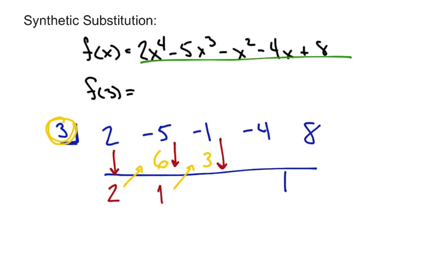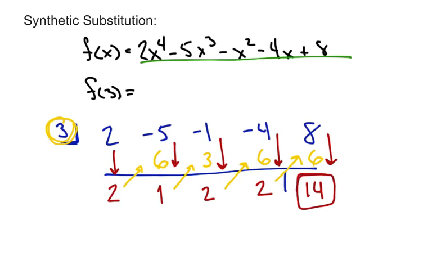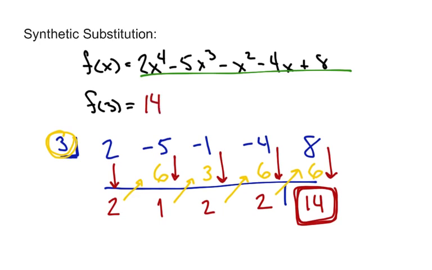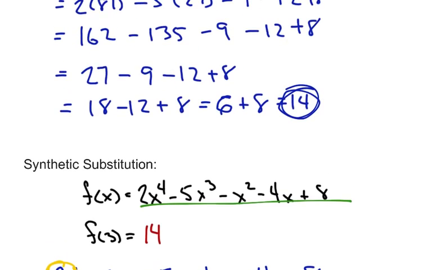Then work our way down. -1 plus 3 is 2. Diagonally means multiply. Vertically means add. And when you know this number right here, that's going to be f of 3, which is the same number that we found right up here, 14.